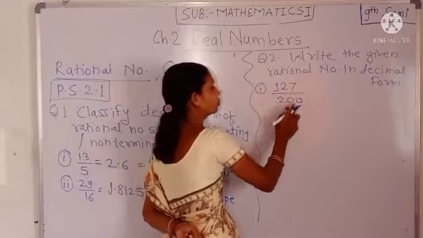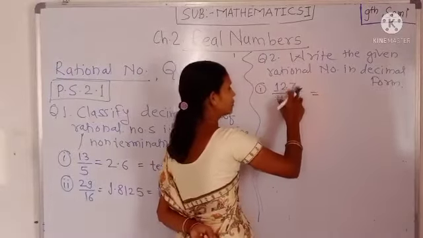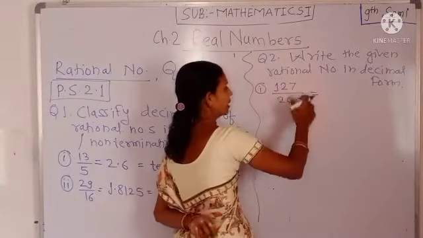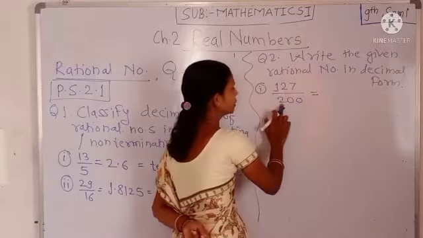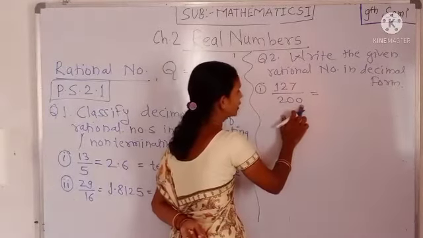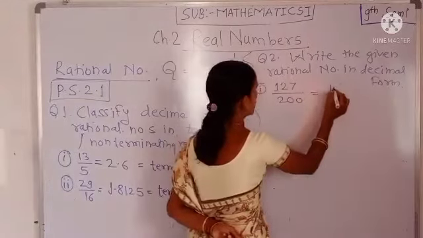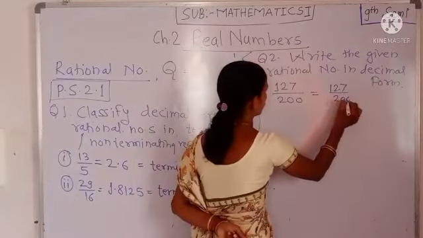Then we have to get the decimal form of that rational number by dividing 127 by 200. Therefore, see here 127 upon 200.